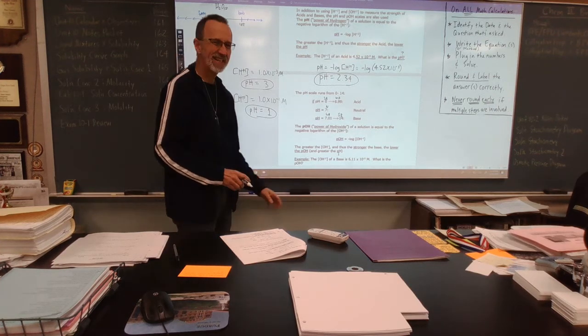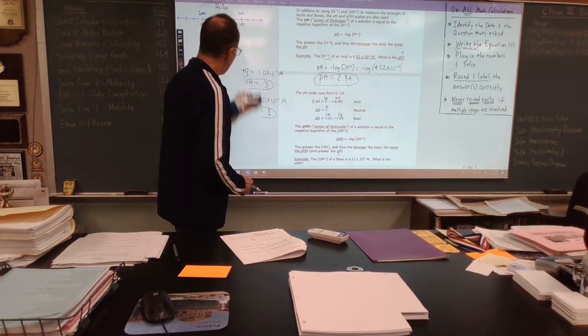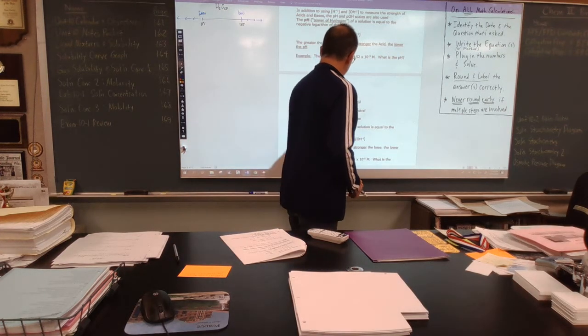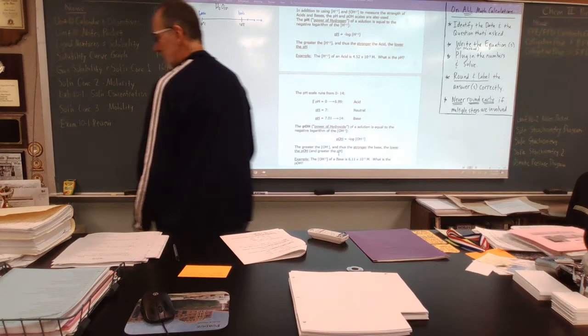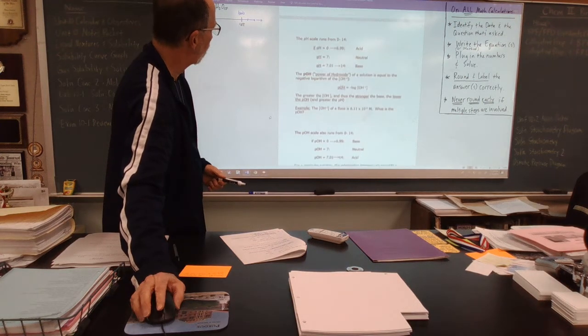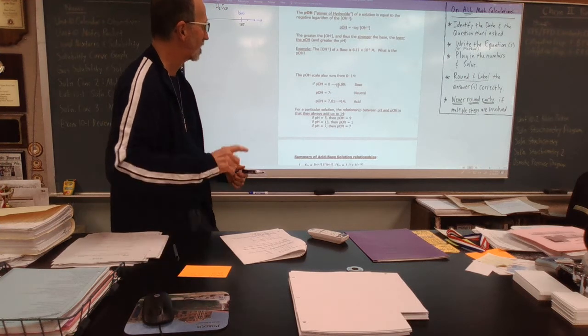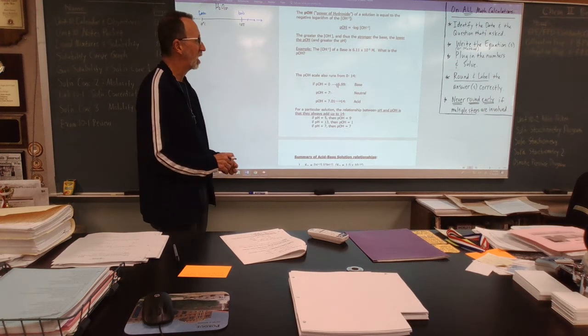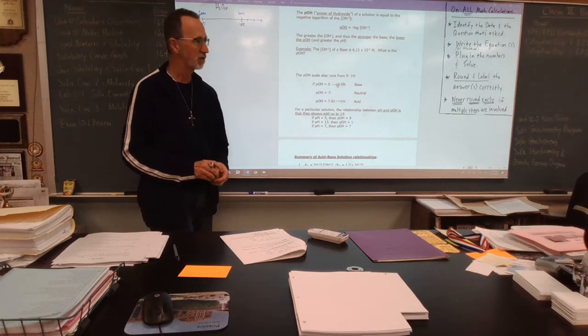pOH. It's just an analogous scale for bases, set up the exact same way that the pH scale is set up for acids. So pOH stands for power of hydroxide, and it's equal to the negative log base 10 of the hydroxide ion concentration.